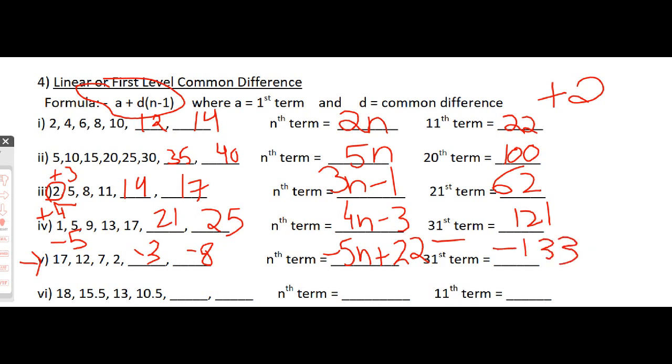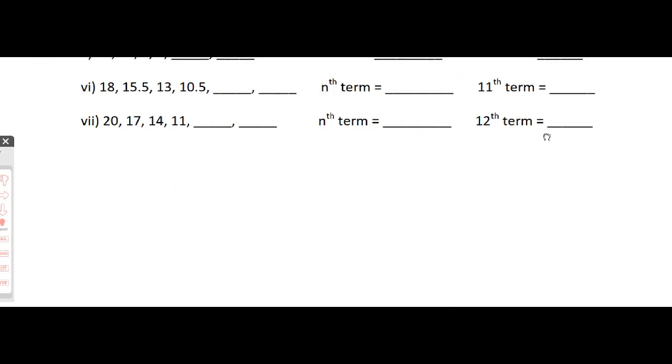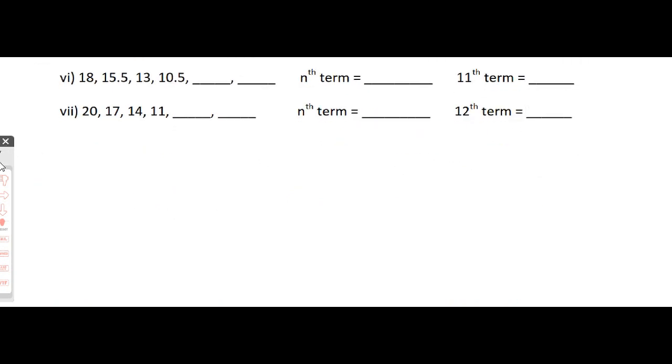Part 6, just a second. Part 6 is 18, then 15.5, then 13, then 10.5. We're subtracting 2.5 from every number. So after 10.5, subtract 2.5, we get 8. Subtract another 2.5, we get 5.5.